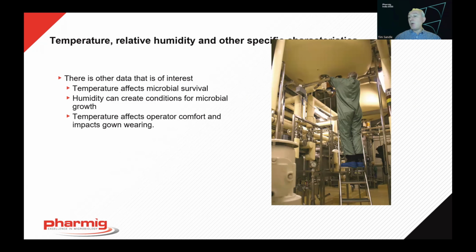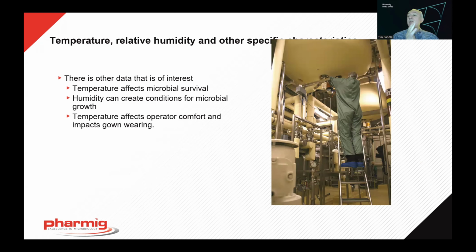There are other things that can help inform us when we're undertaking reviews of environmental monitoring data. So, temperature is important. We're generally going to be less worried in a cold room than we are in an ambient area. There are some organisms that, of course, can grow and survive in cold rooms, but they're less common and less likely to. But areas that are warmer are going to see a greater increase of bacteria. Areas that are excessively humid are going to have conditions that are favourable for fungi, for example.